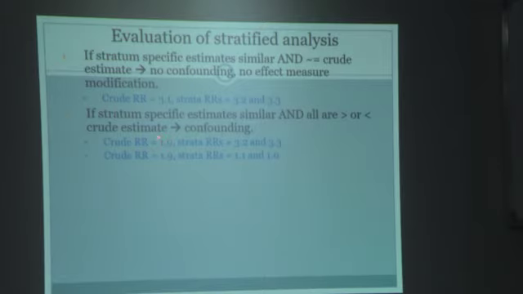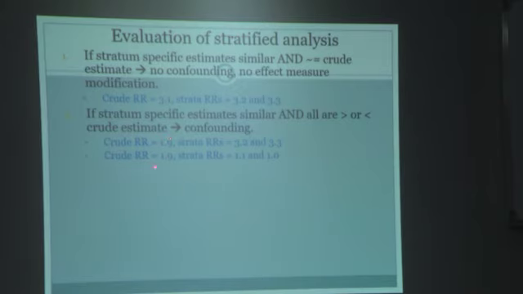This is the concept of negative confounding. Why? The truth is bigger than the confounded one. The confounding dwarfs or makes the true effect smaller. If you do not adjust and you take this crude, you report 1.9. But the truth is that the effect is 3 point something. So it is negatively confounding it.